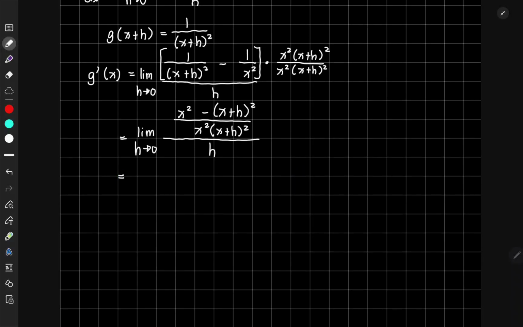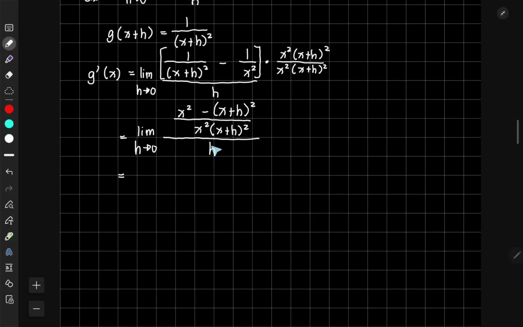Again, we have to simplify because we still have h in the denominator. The goal here is to remove that h from the denominator so that our limit does not become 0 or indeterminate.